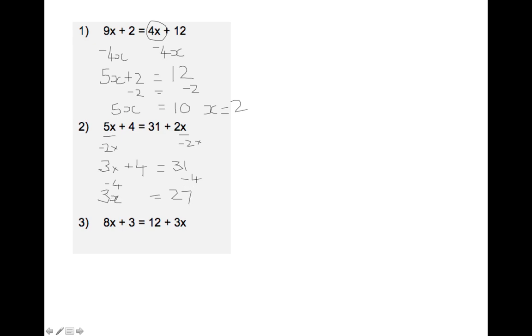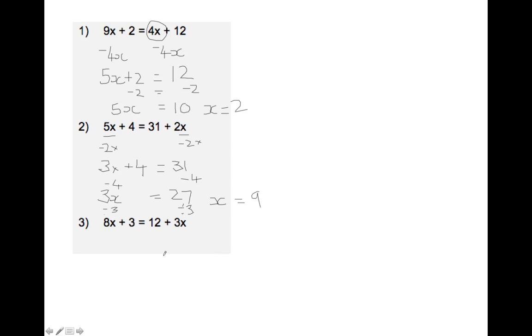So 3 lots of x is 27. We need to do the opposite. Divide it by 3 on this side and do the same on this side. Divide it by 3. So x equals 27 divided by 3, which is 9.